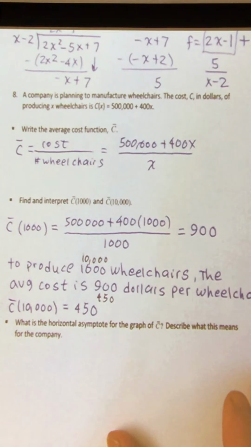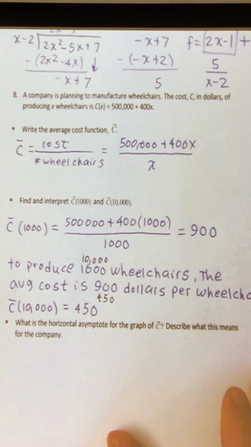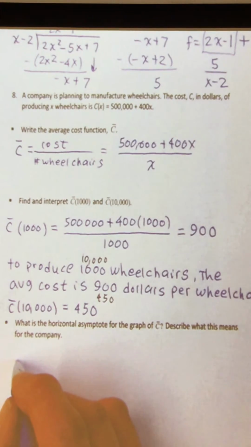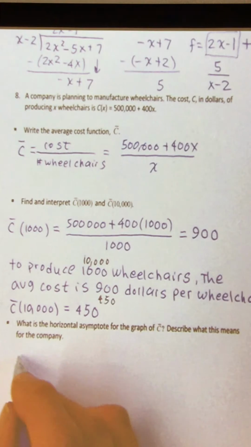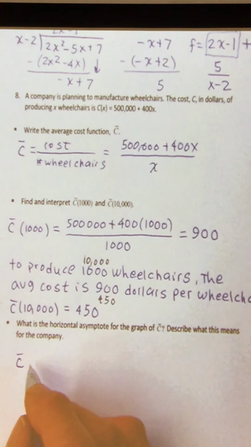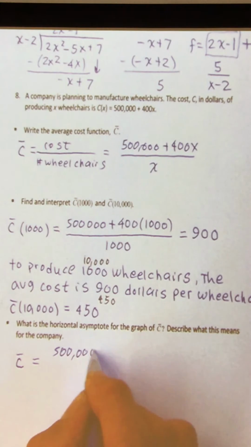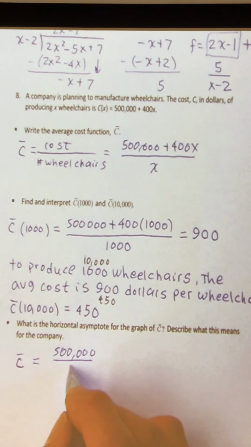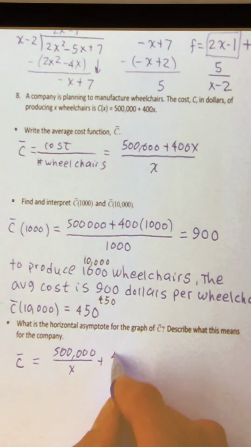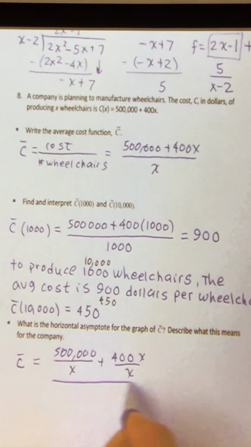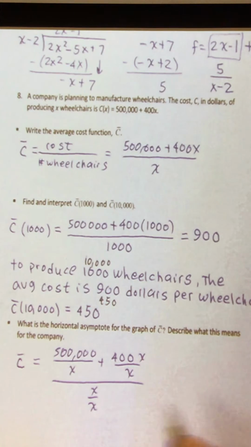The last part of problem 8. What is a horizontal asymptote for the graph of C, and what does it mean? Okay, so once again, by dividing all terms by the highest degree term that appears in the denominator, we'll have 500,000 divided by x plus 400x divided by x, and then in the bottom x divided by x.